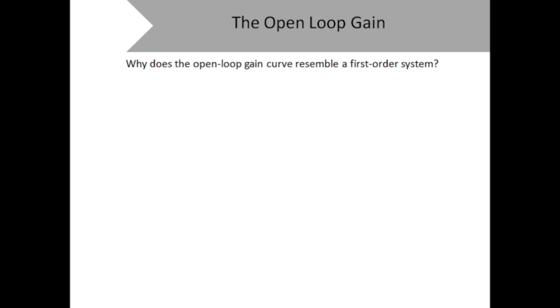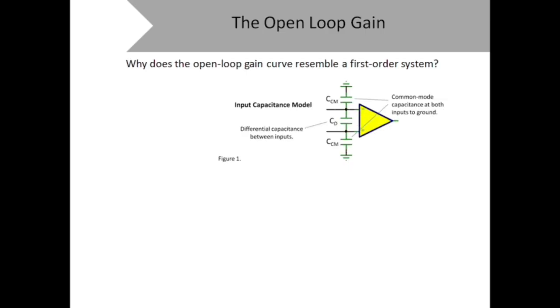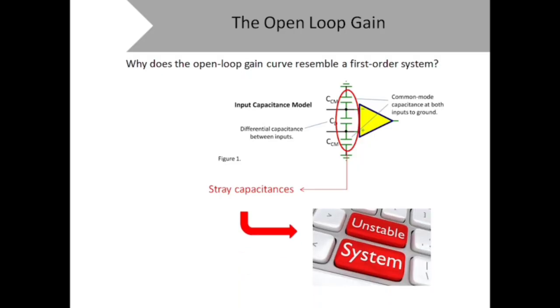This characteristic is deliberately designed and serves a very important purpose. In any electrical system, unavoidable stray capacitances can introduce additional poles, which may cause instability and degrade the system's performance.